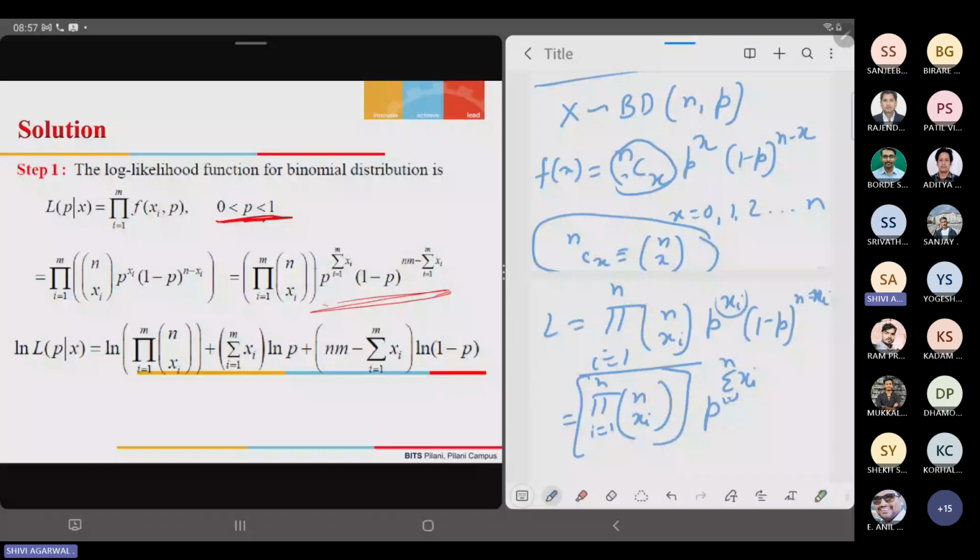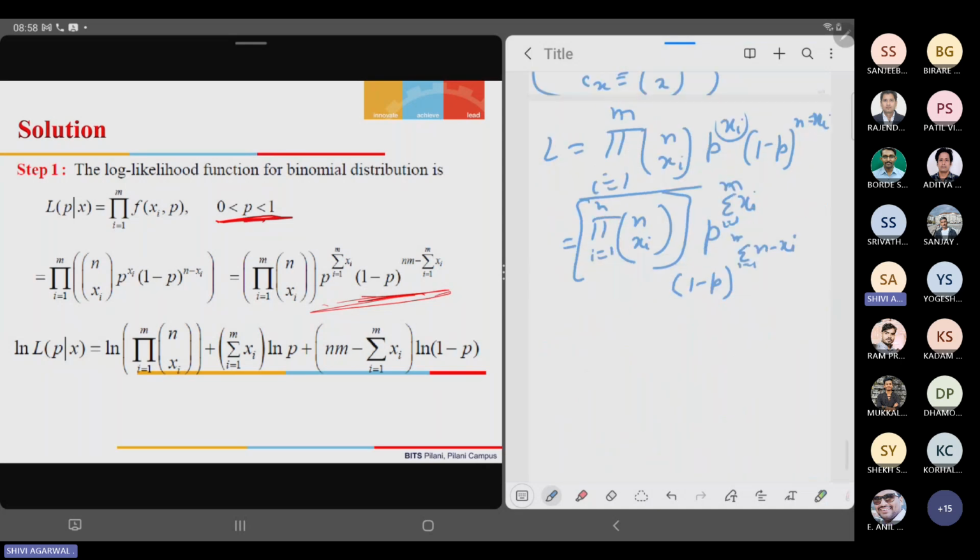Similarly, 1 minus p to the power summation of n minus xi, i is equal to 1 to m. Correct. Now that will become 1 minus p to the power nm minus summation of xi.